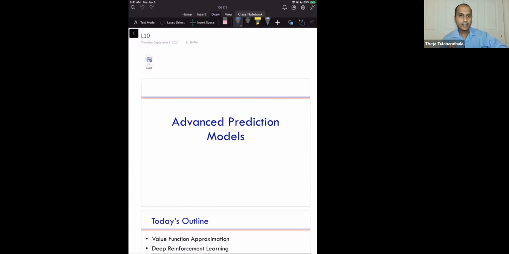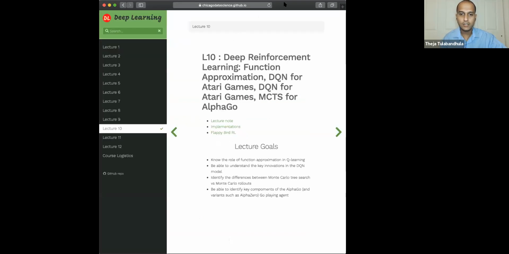As I said earlier, let me just recap some of the goals for today. Last time we were looking at basics of reinforcement learning.